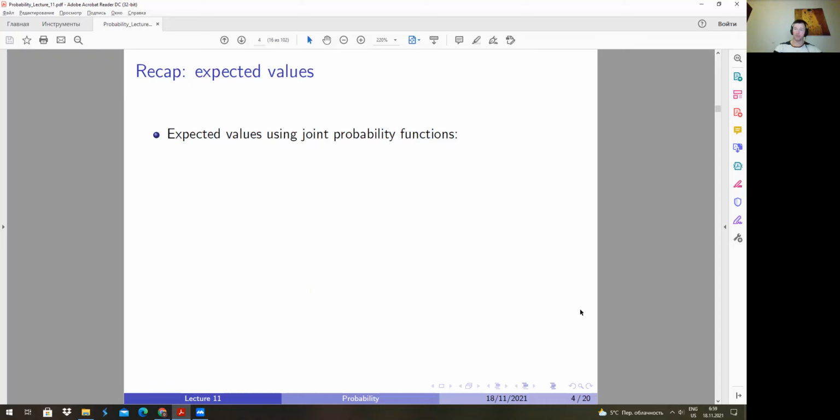Then, with the help of probability functions, we defined the expected values. And we have said that there are 2 approaches in order to calculate the expected values. So one approach is that you can calculate expected values using joint probability functions.